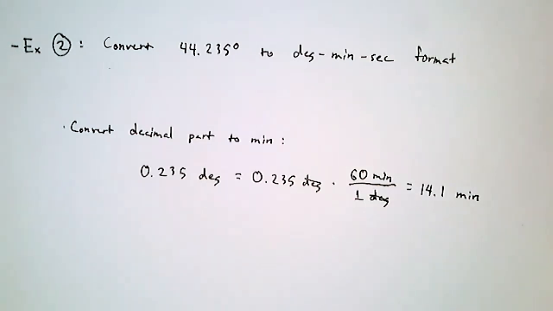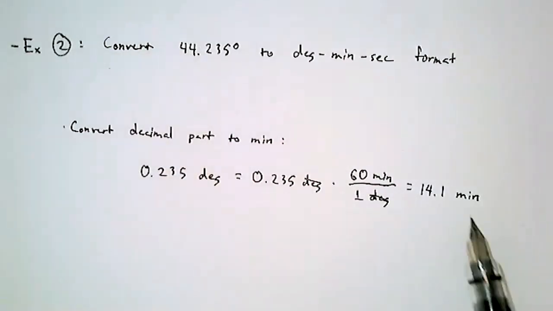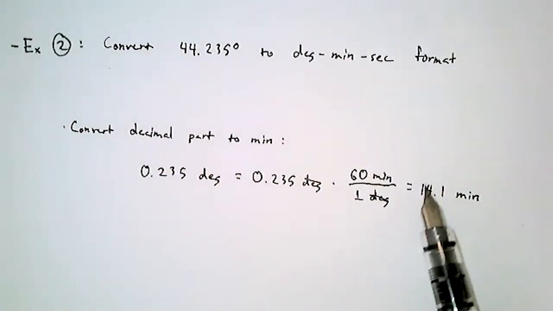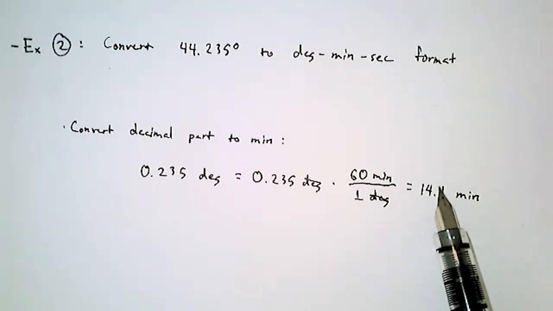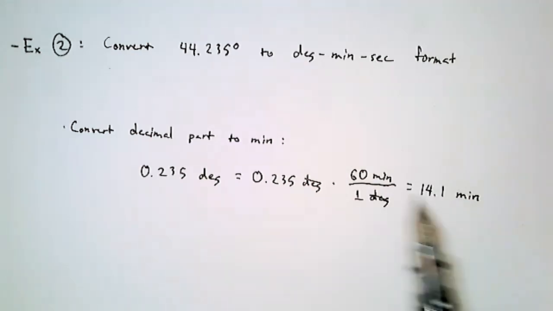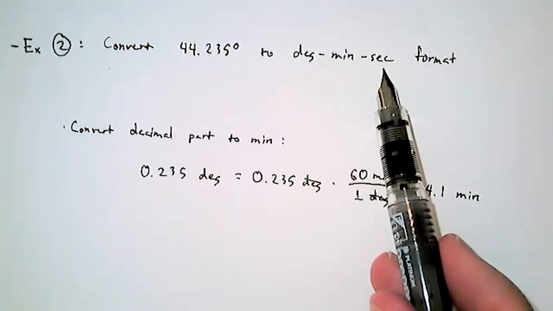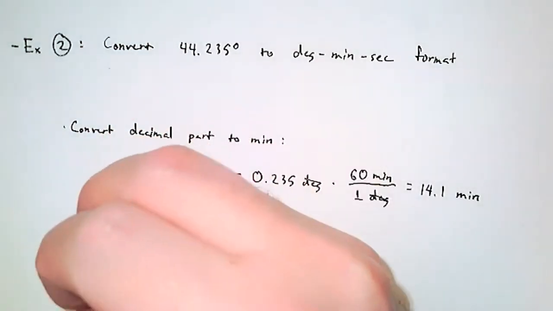Okay, so what do we have now? We have 44 whole degrees, and we have 14 whole minutes. And what's remaining to convert is this 0.1. I want to convert this other decimal part of minutes into seconds, my next smaller form of measurement. So we do the same thing.